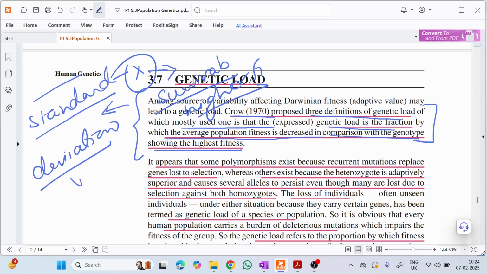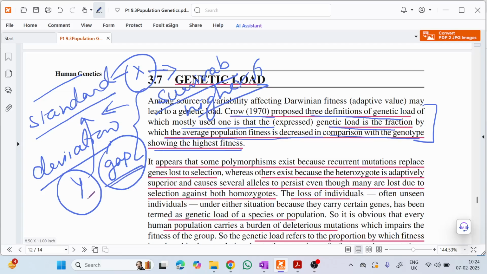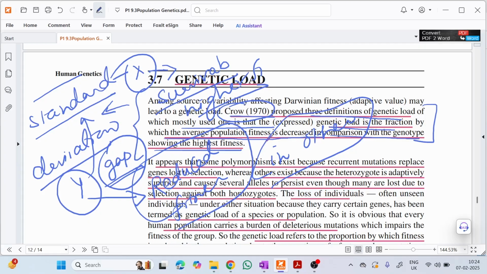And when another gene Y is measured against this particular standard, and the deviation or the gap found between the standard and the deviation is greater, then it is considered that this particular gene Y is not fit enough, or it expresses reduced fitness. So this is the definition that has been generalized by Crow.